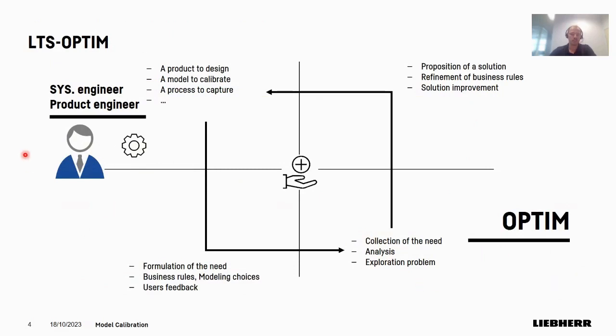We have members of product teams who want to design better products and who have a model to calibrate or some processes to automate, and we also have a different team who has the skills to achieve these goals, to derive optimization problems, to automate the design, and to do programming tasks.